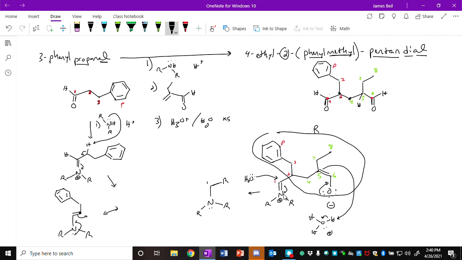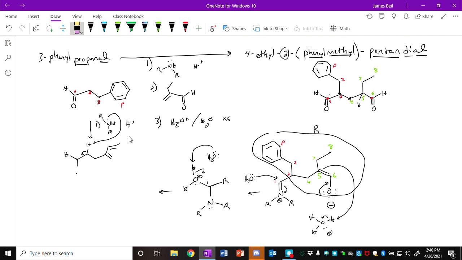Now the electrons swung out there, so they're existing as a lone pair. So since this is unstable with a positive, a water molecule is going to pick that off. So that will make an OH there.